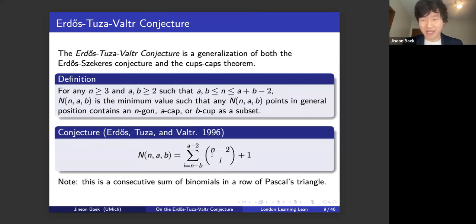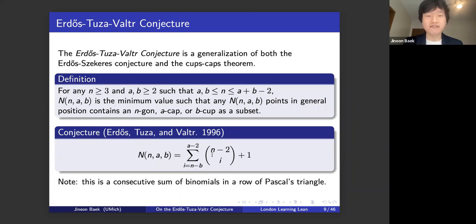And now I get to describe the so-called Erdős-Tuza-Valtr conjecture. It's a generalization of both the Erdős-Szekeres conjecture and the Erdős-Szekeres cups-caps theorem. The idea is simple. Erdős-Szekeres forces an n-gon. The cups-caps theorem forces an a-cap or a b-cup.